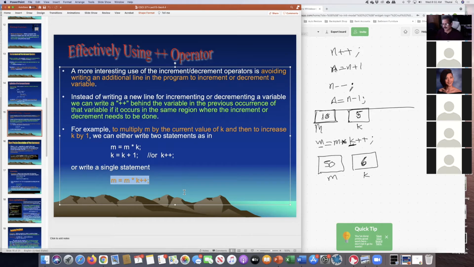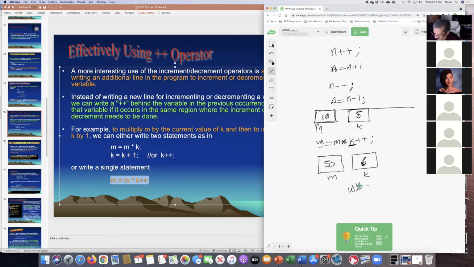Right, exactly. So it'll become useful in a loop. For example, if I need to say while k less than or equal to 200, I want to multiply m by k. Then m equal to m times k, and then you would say k equal to k plus 1 in another line normally.